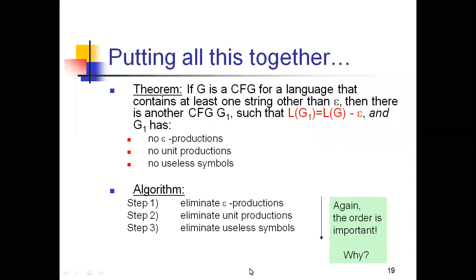These are the things that we are implementing here in the algorithm. And finally, the order is most important. First, you need to check for the epsilons and remove them, then you need to check for the units and remove them, then you need to check for the useless ones, right? First step, second step, and third step, the order is important here. What is step 1, what is step 2, and what is step 3?